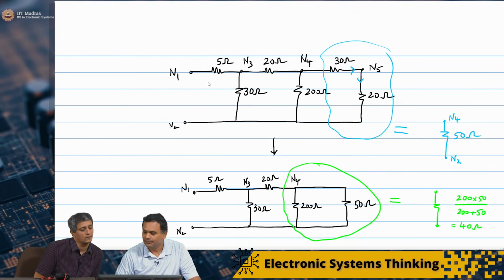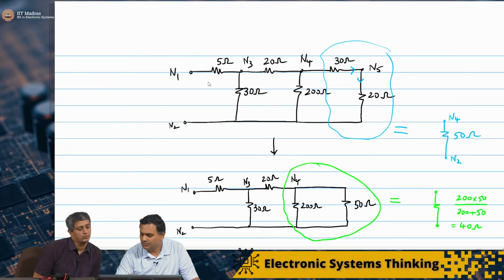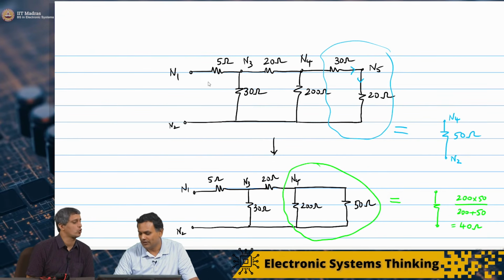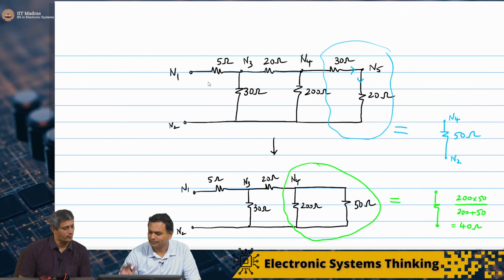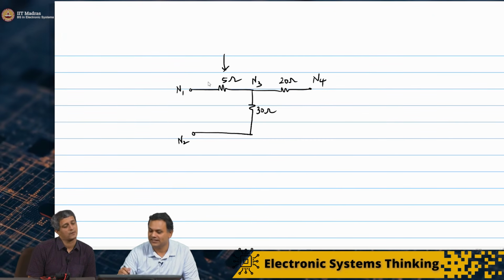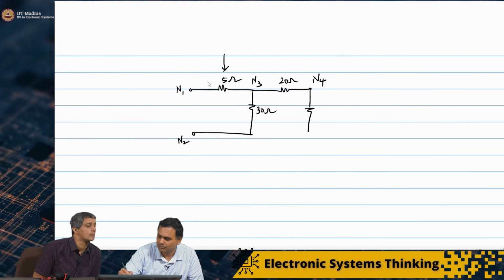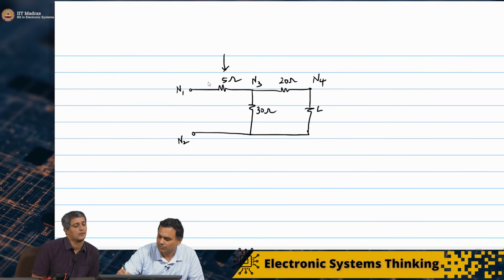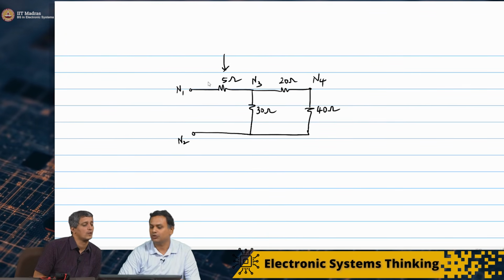What I have done is this portion I have replaced with a 40 ohm resistor. So the N4 node still remains, but from N4 to N2 now I have a single resistor, which was 40 ohms.